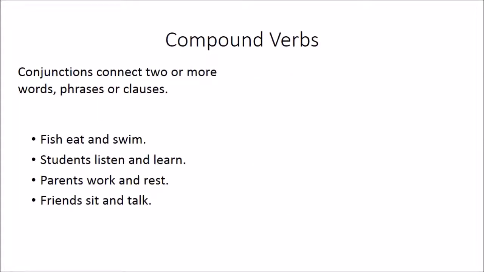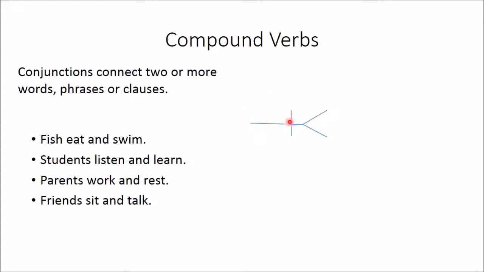This brings us to compound verbs. In these sentences, we have one subject, but two verbs connected by a coordinating conjunction. So you have fish eat and swim, students listen and learn, parents work and rest, friends sit and talk. So again, start with that T, and this time we're going to split the verb side.